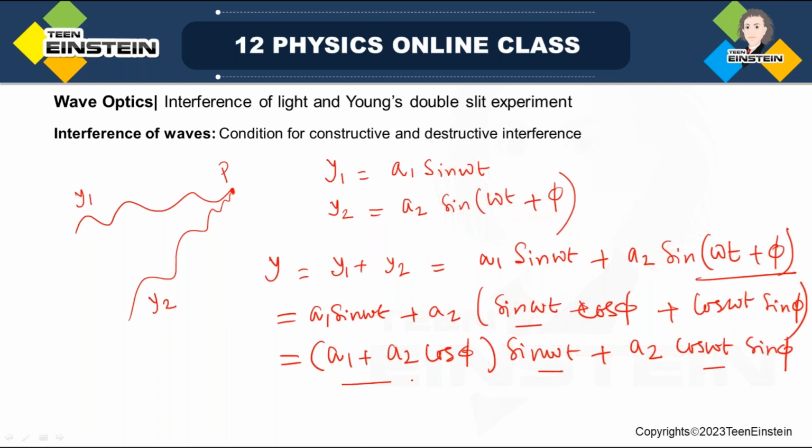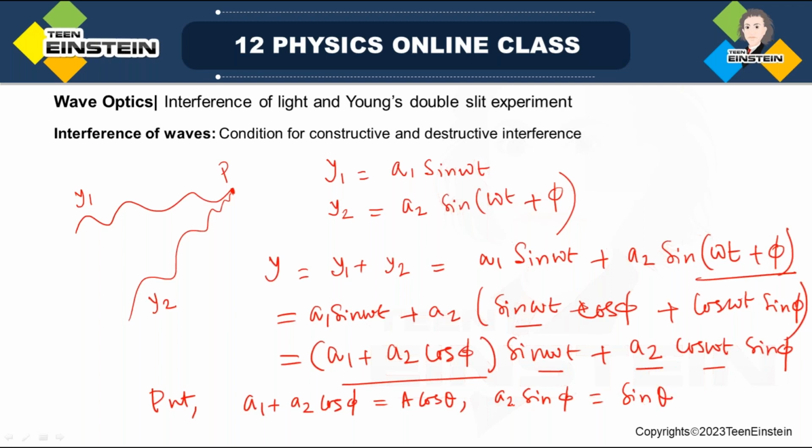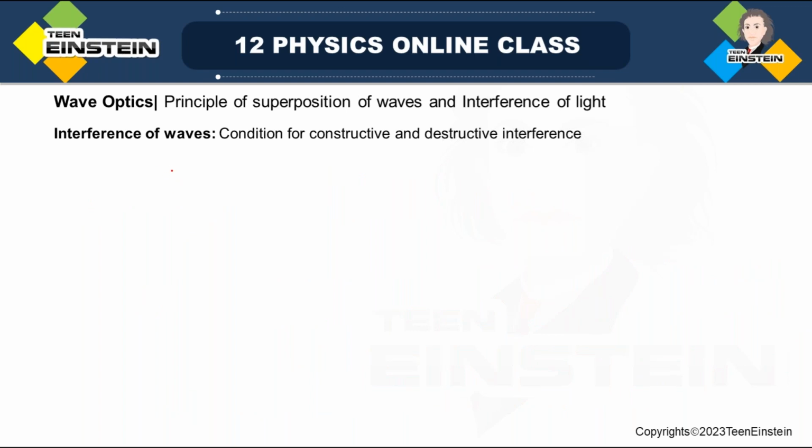So let us take this particular term, a1 plus a2 cos phi, and consider this as A cos theta, and this term a2 sin phi, let us take this as A sin theta. So we put a1 plus a2 cos phi equal to A cos theta, and a2 sin phi as A sin theta.